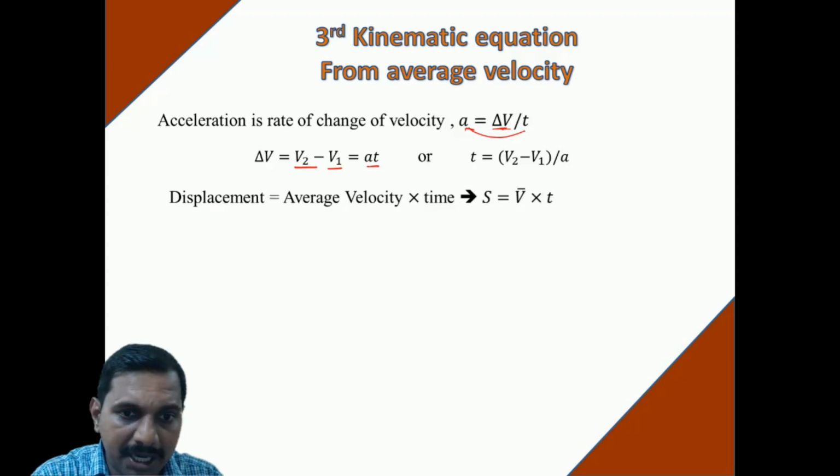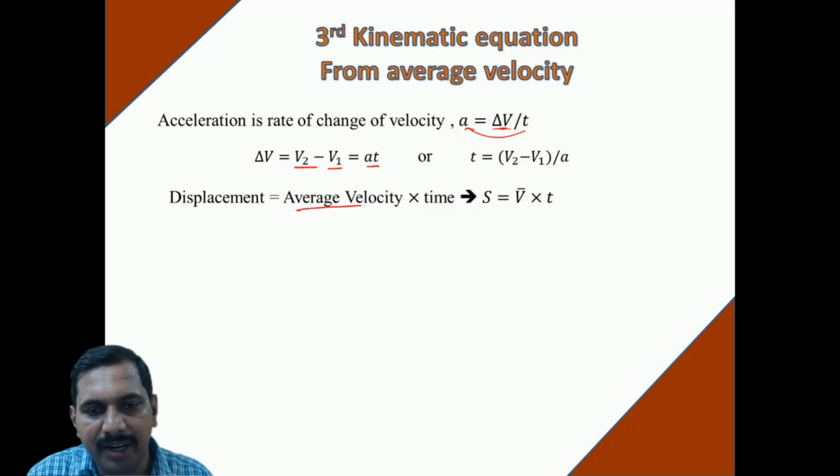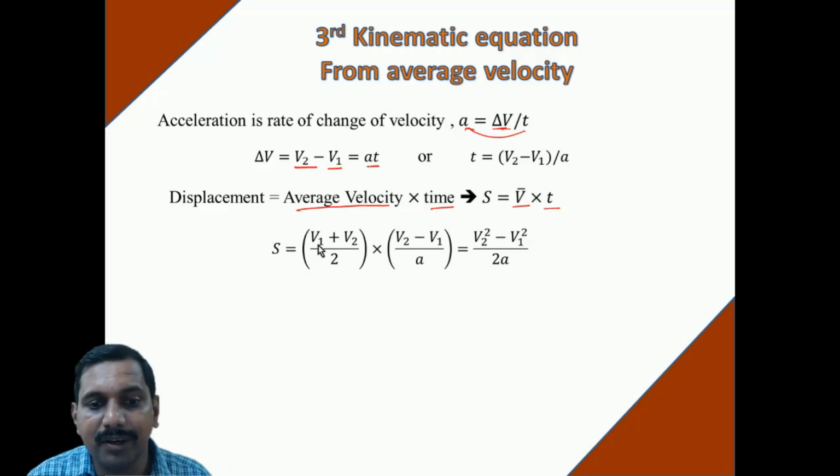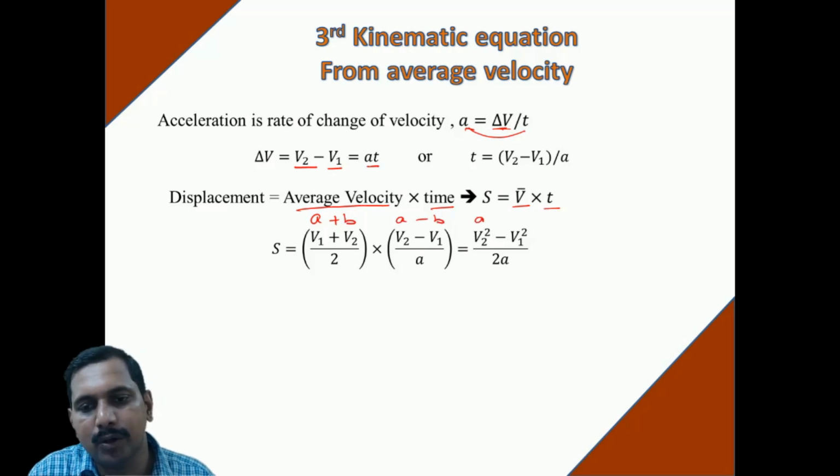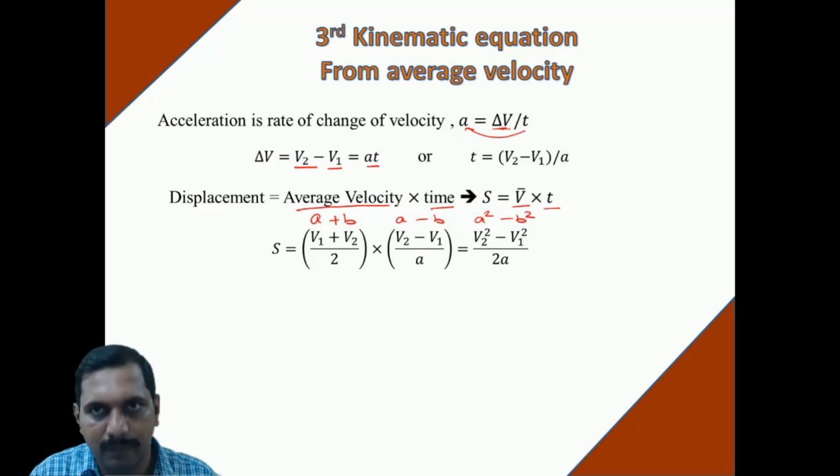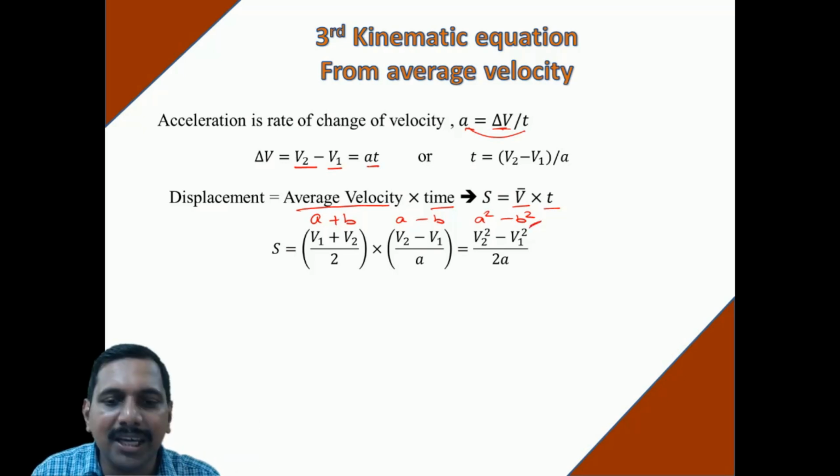Now displacement is nothing but average velocity v bar into time. We know what is average velocity, v1 plus v2 divided by 2, and time we have derived here, so it is v2 minus v1 divided by a. When you combine those two, we get v2 square minus v1 square. How did we get this? We got this by a plus b into a minus b is equal to a square minus b square, which is a high school level algebraic identity, right?